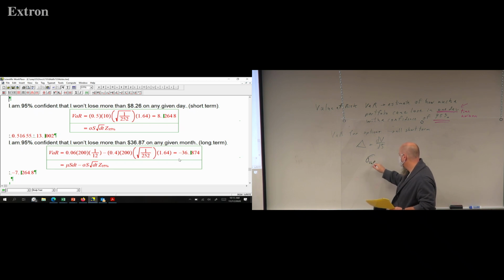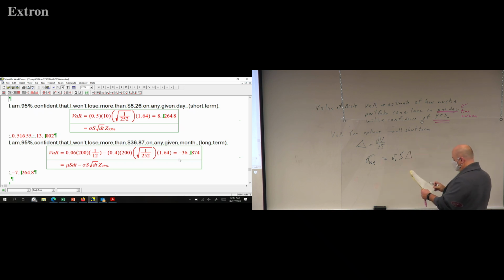Well, this is the change in the value of the option for a change in the stock. The change in the value of the stock would be the sigma for the stock, the value of the stock, and then I would need my delta and a root dt.